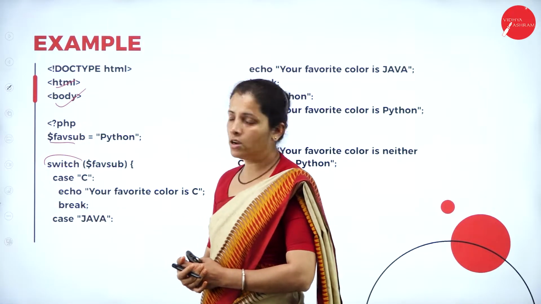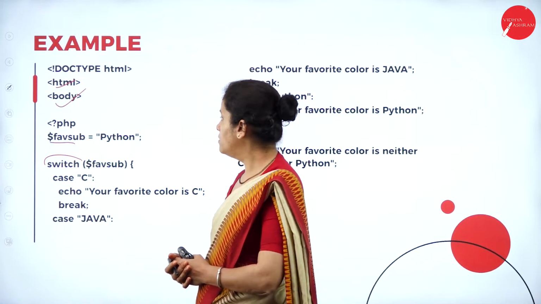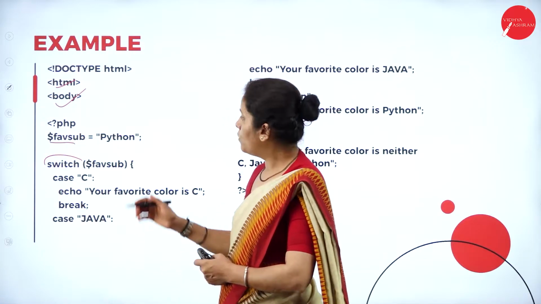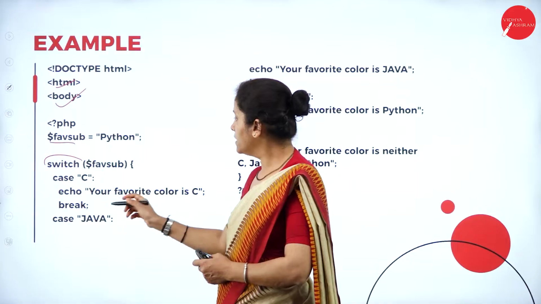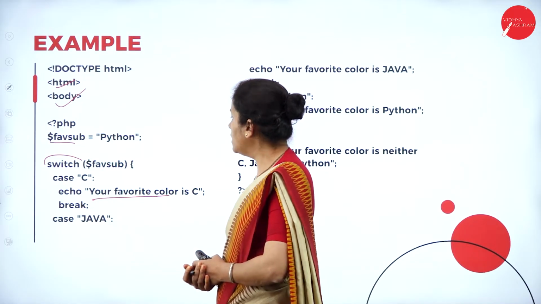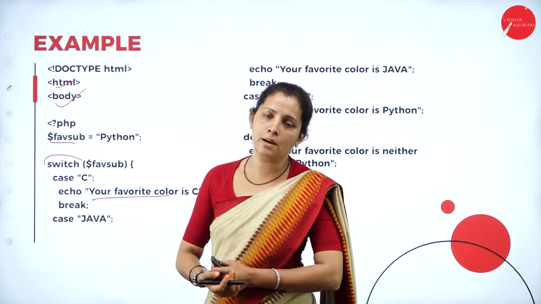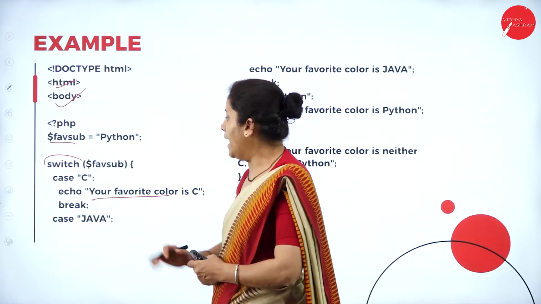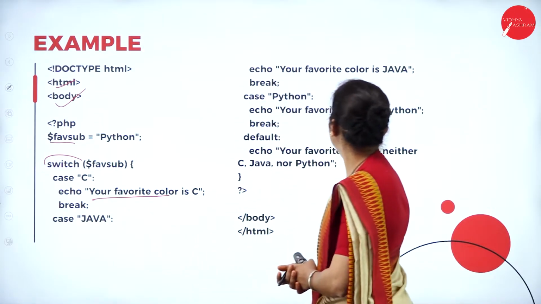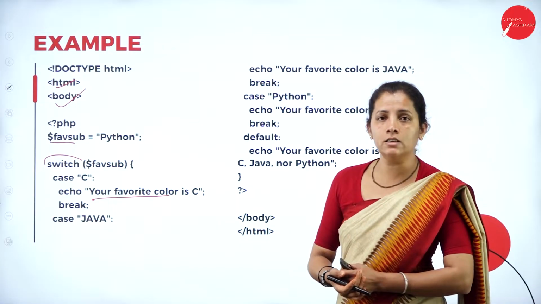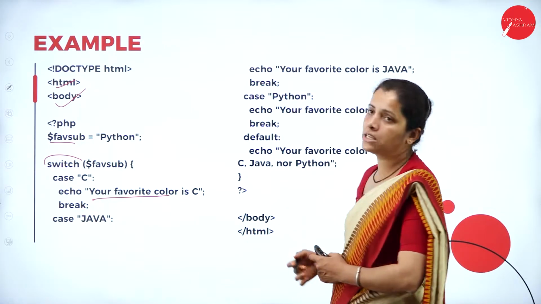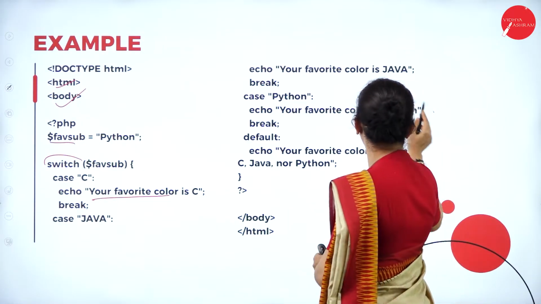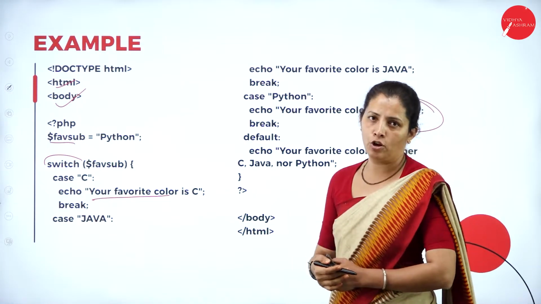Now I check switch favorite subject, suppose it is C. Suppose I enter C, then your favorite subject is C. Else, suppose Java, then your favorite subject is Java. Now, suppose my favorite subject is Python, then I'll write Python.